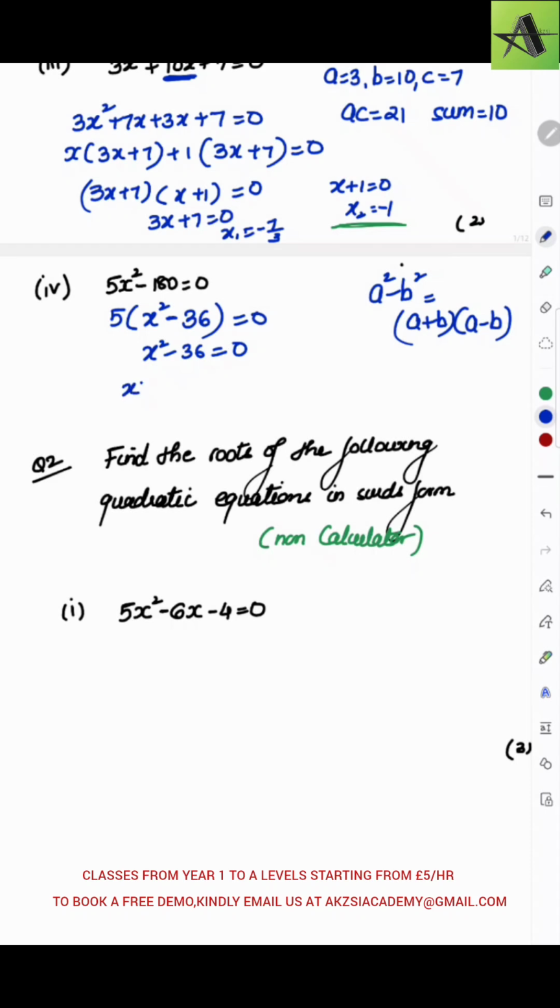Now it can be written as x squared minus 6 squared, which is looking exactly this form. So I can say this will be x plus 6 times x minus 6 equals 0. On equating each of the factors to 0, I'll get x1 as negative 6 and x2 as positive 6.